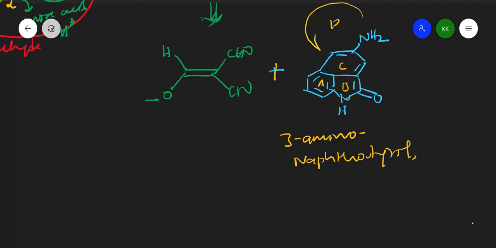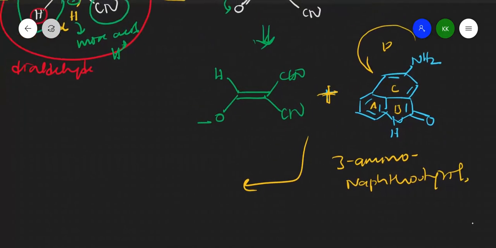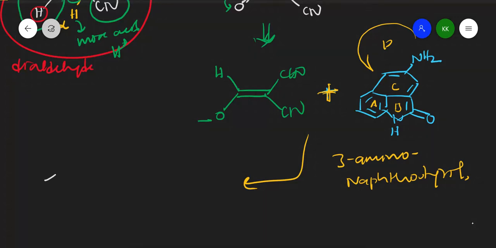So when I treat these two compounds, the product which I will get is this one. Nothing else changes, just see the reagent and see the product. Just a nitrogen carbon bond formation will be happening. Other things remain as it is. So we will get this product.